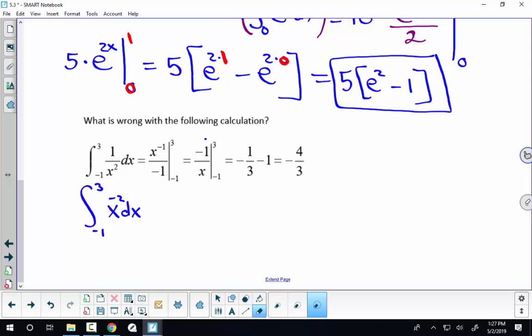So let's just look at the original function. I'm not convinced that there's an error in this computation. What I'm looking at says find the net area under the function 1/x² from -1 to 3, right? That's what that symbol means. So I don't know if that's helpful.